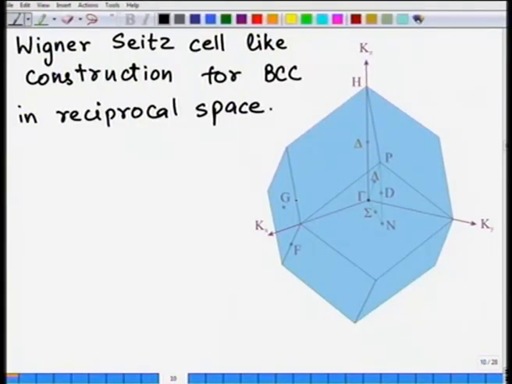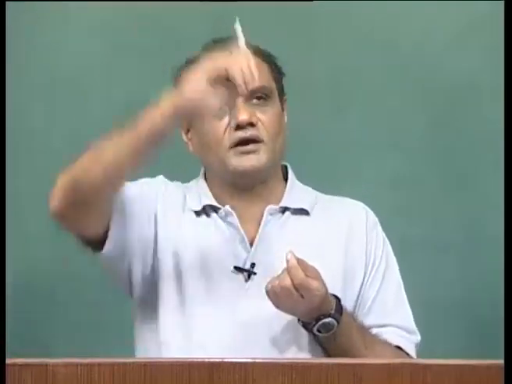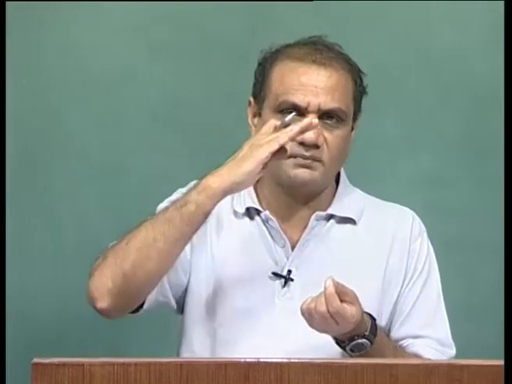I will come back to this page and note the construction has already been shown to you: take any lattice point, draw vectors to all possible infinite number of lattice points which are there. So, you keep drawing them. For every vector, draw a perpendicular bisector plane.